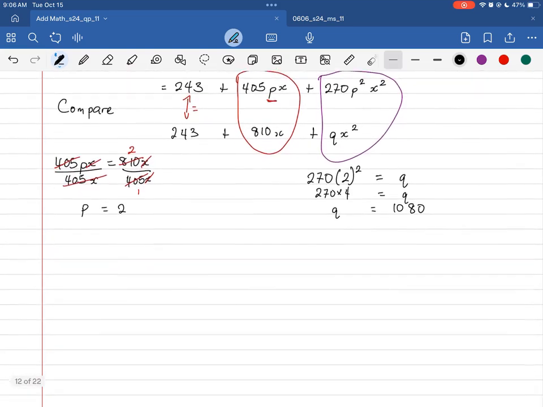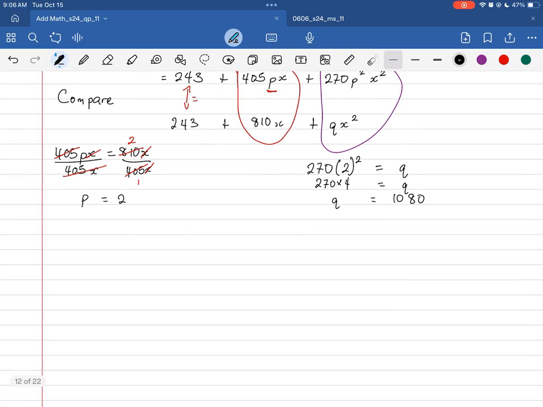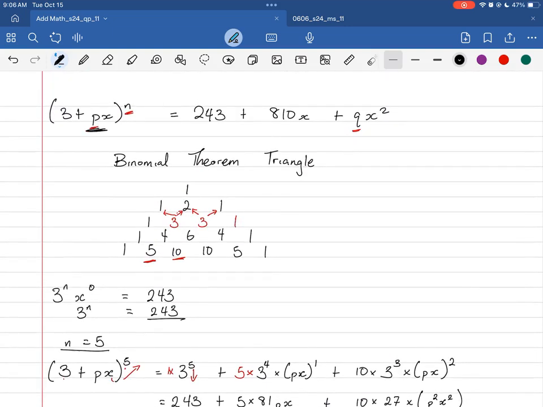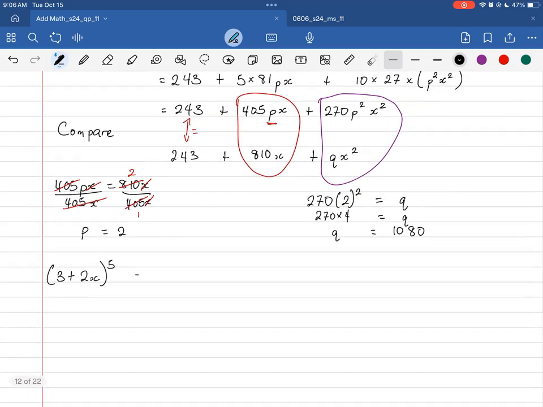So your final answer, you have 3 plus 2x, raised to the power 5, I'm just replacing this here, equals 243 plus 810x plus 1080x squared.